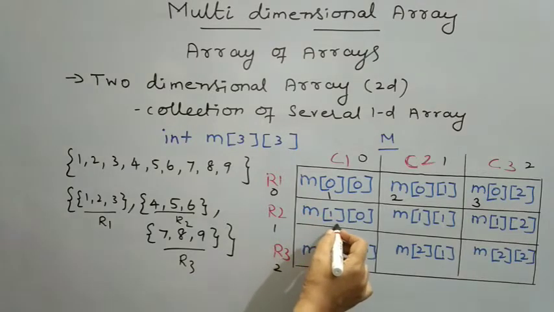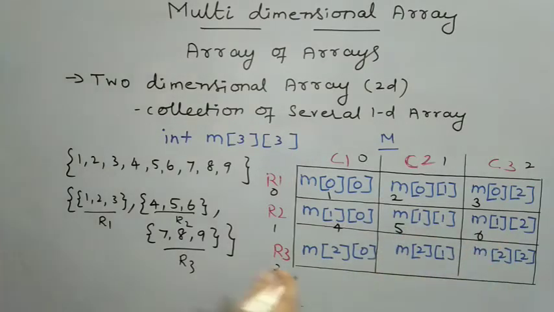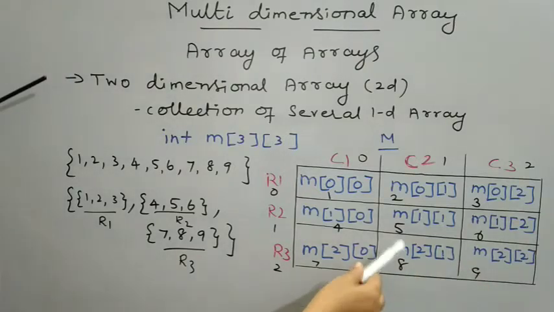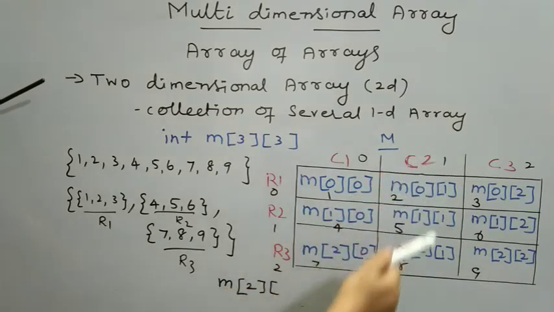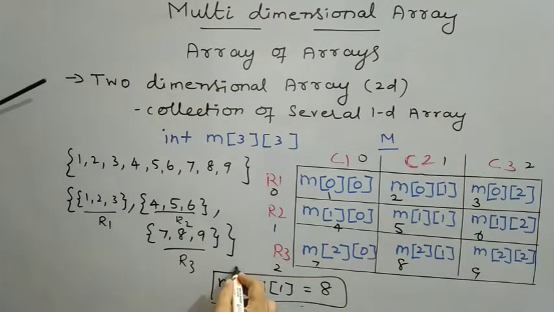The values of the third row are 7, 8 and 9. In matrix M, the third row has index position 2 and the second column has index position 1, so M of 2 of 1 is equal to 8. So this is the element and the value assigned to the element.